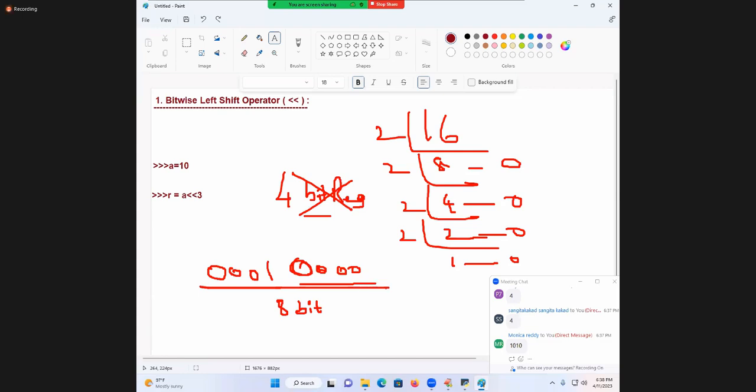Do you get numbers of more than 8 bits also? Compulsorily they will come. For example, if 1 comes here, what will you add once again? 0 0 0 will come. Once 4 becomes 8, 8 becomes double: 16-bit. 16 becomes double: 32. 32 becomes 64.